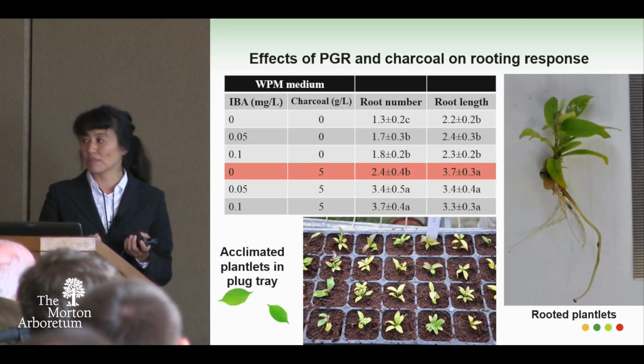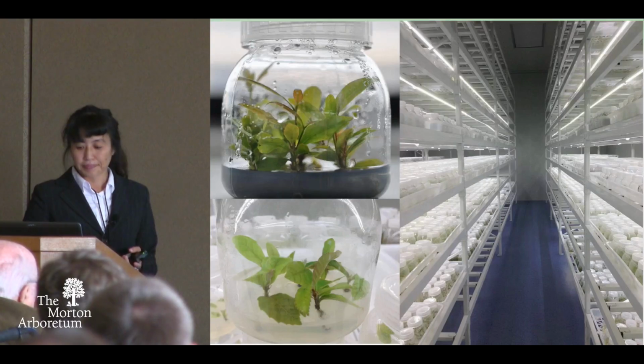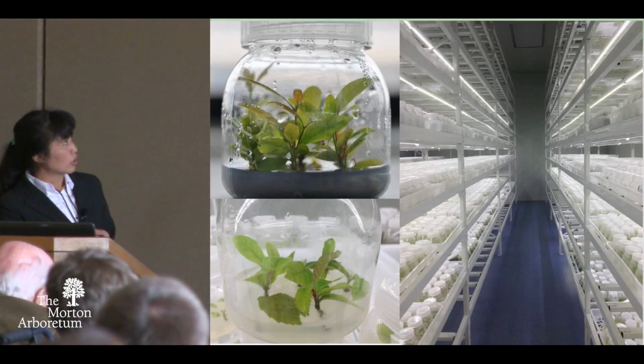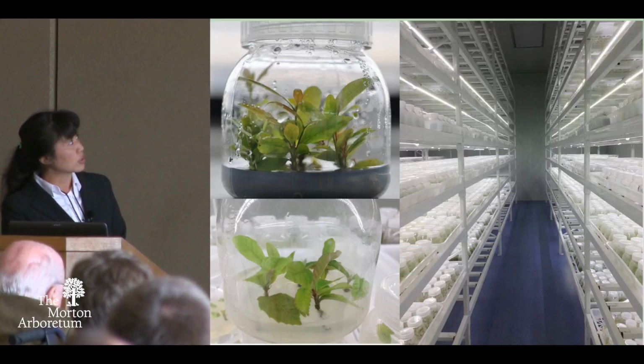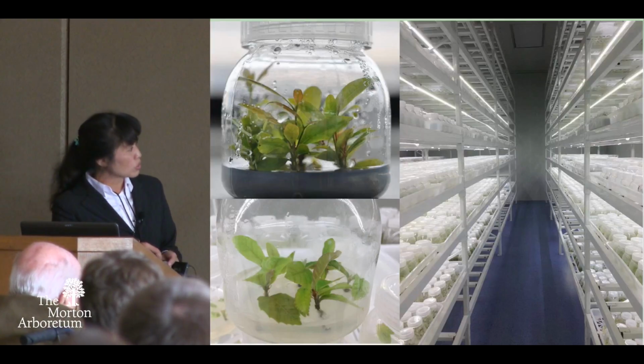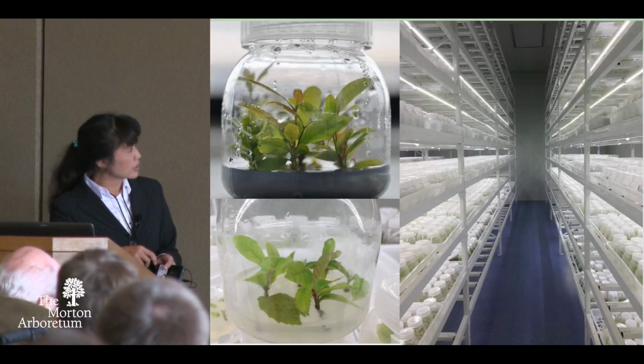Old trees are always very difficult to work on. Here are the rooted young plants in the tissue culture tubes. This is another one, Quercus arbutifolia. We also succeeded with that one.